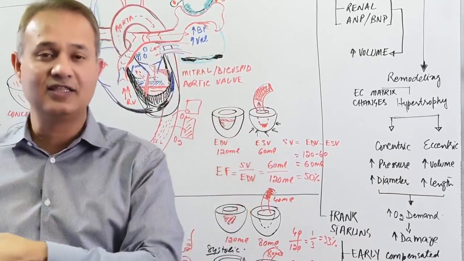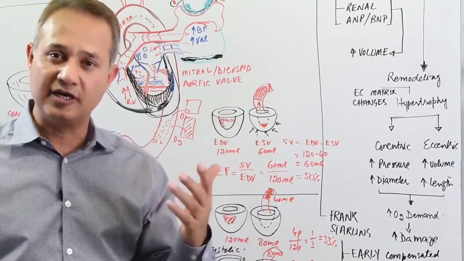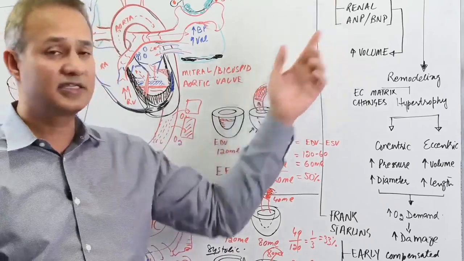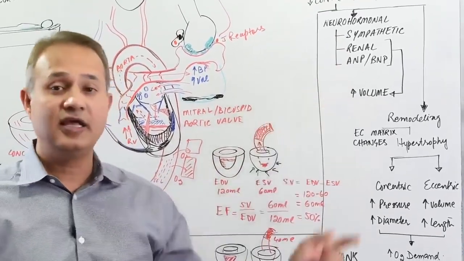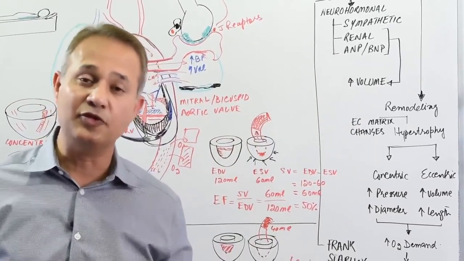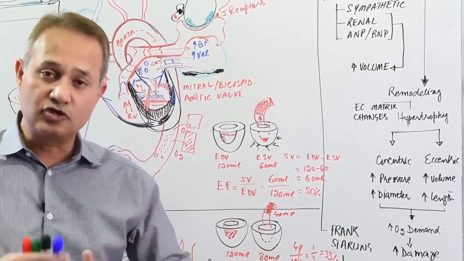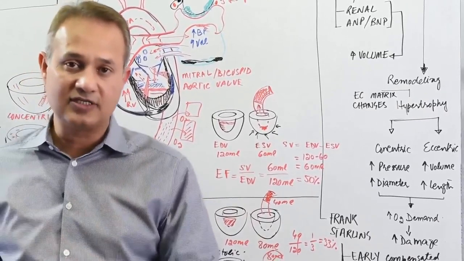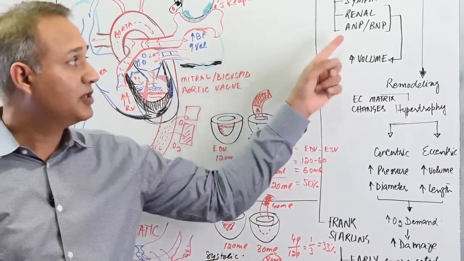We've talked about that in a separate lecture. That increased force of contraction would try to increase the cardiac output. So the sympathetic system would try to increase the venous return and the cardiac output. The renin angiotensin system would become engaged a few days later, as the renal perfusion is low, and then it would try to bring it up. Again, we have a separate lecture about the compensation mechanism and management of the cardiac failure. I'm just reviewing that here.